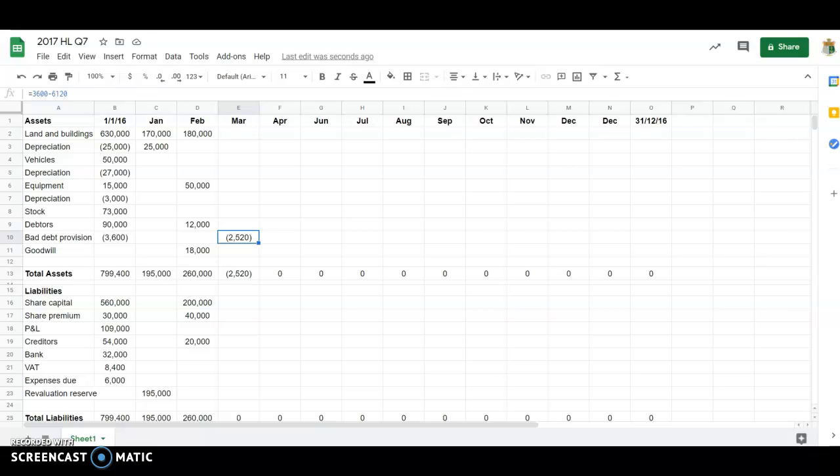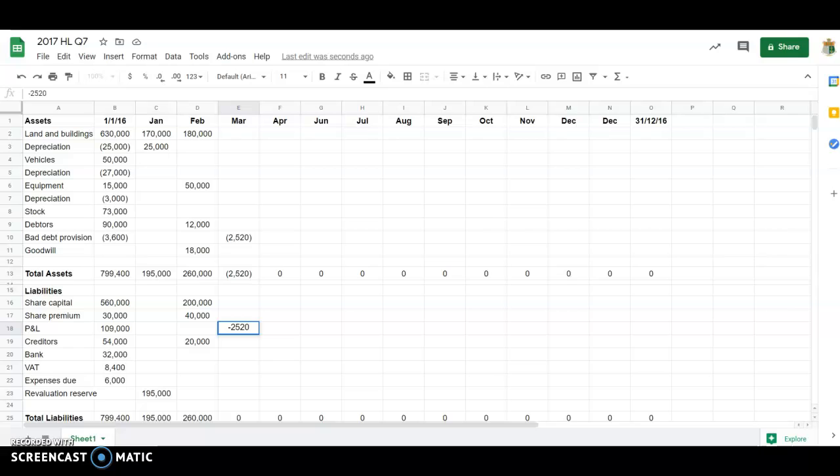Okay, so whenever we increase or decrease a bad debt provision, where else does it go? It goes in the profit and loss account. Okay, and if it's an increase in a provision, it's an expense. If it's a decrease in a provision, it's other income. Okay, so in this case, my provision's going from 3,600 to about 6,000. So that's increasing your provision. So that's an expense. So that 2,520 increase in bad debt provision will be an expense.